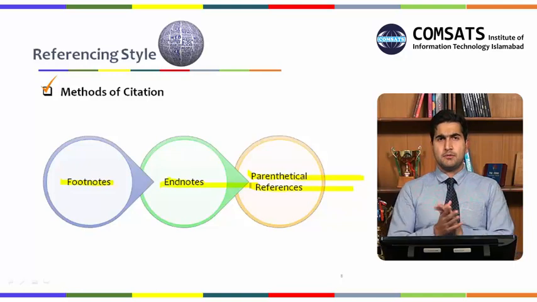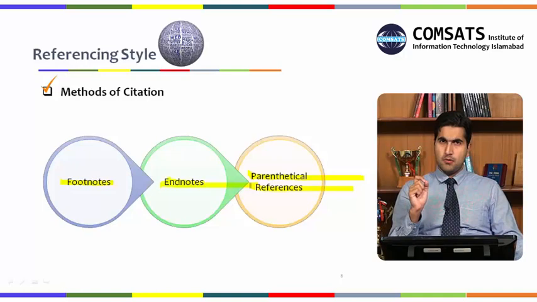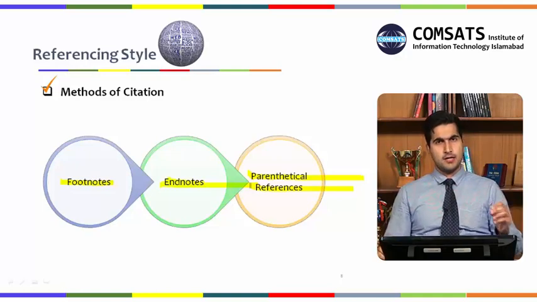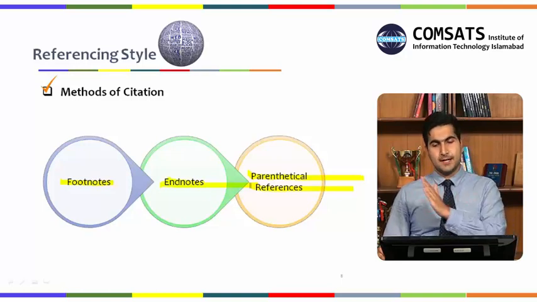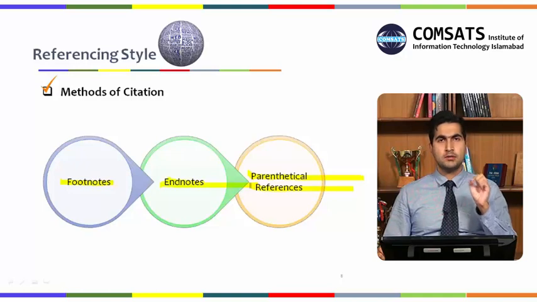Within this diagram, in the case of a footnote, as the word itself suggests, you would have seen it within your own books that you read. At the bottom of a page there are times when references are present. Within those references there are some numbers written before the reference itself: a number 1, 2, 3 and so on.